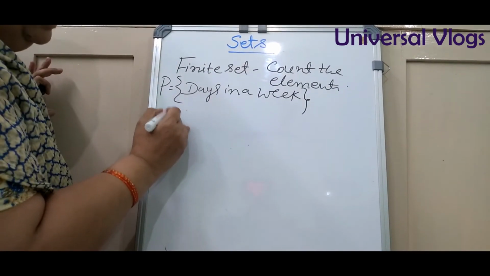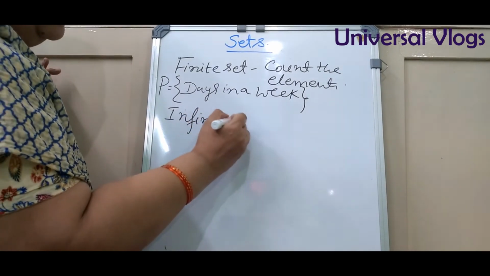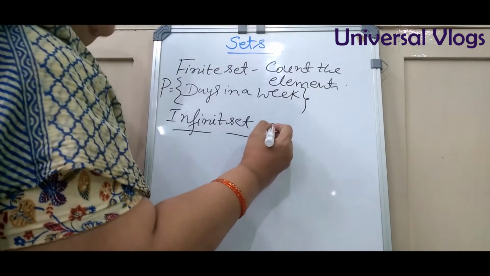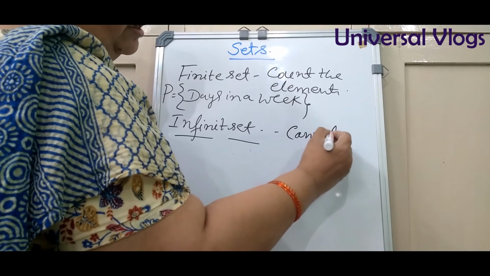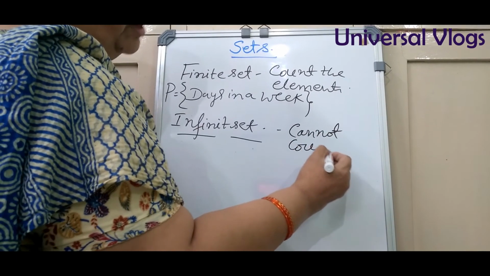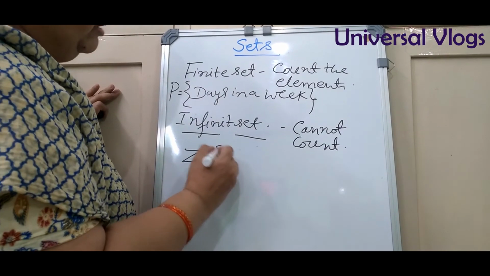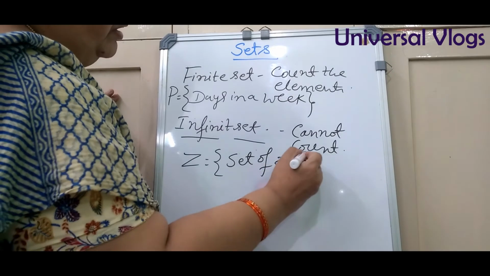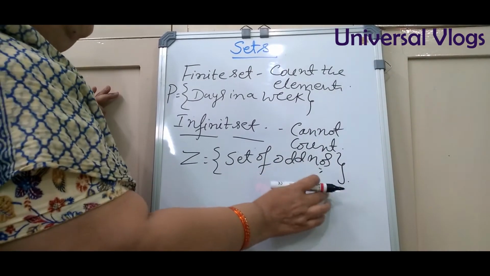And in an infinite set, we cannot count the number of elements. It will be infinite, meaning we cannot count. Say, the set of odd numbers. Let me write Z is equal to the set of odd numbers. What do you mean by this set of odd numbers?